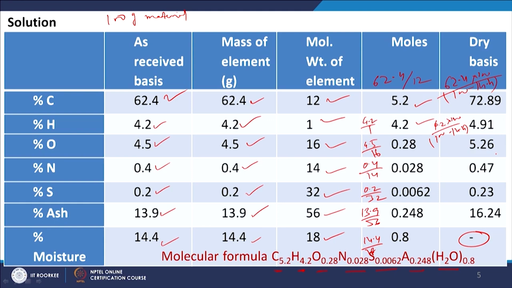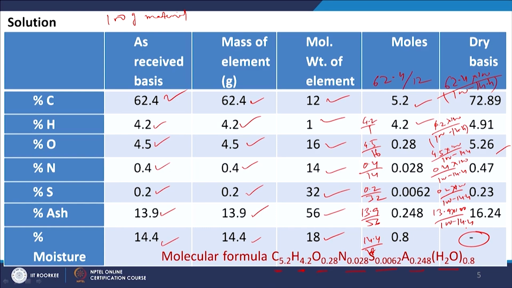Similarly, oxygen will be 5.26, that is equal to 4.5 into 100 divided by 100 minus 14.4, and here also nitrogen 0.4 divided by 14.4 basis, and sulfur 0.2 into 100 divided by 100 minus 14.4, and ash 13.9 into 100 by 100 minus 14.4.